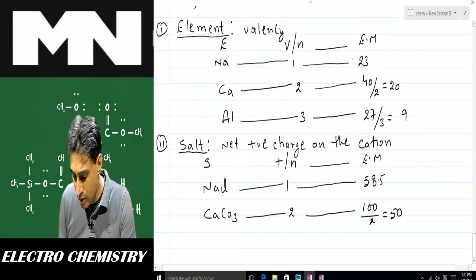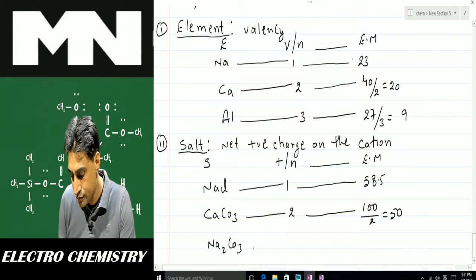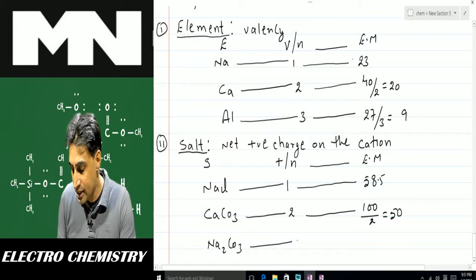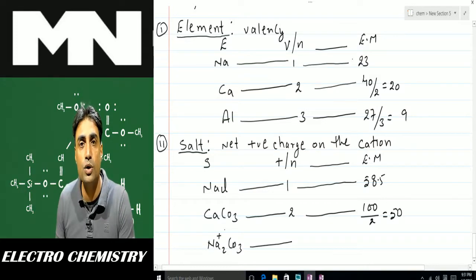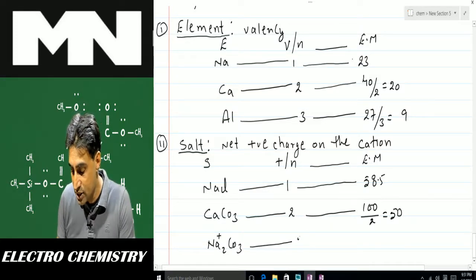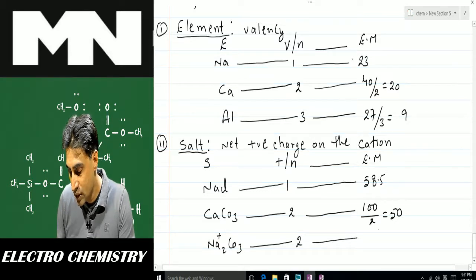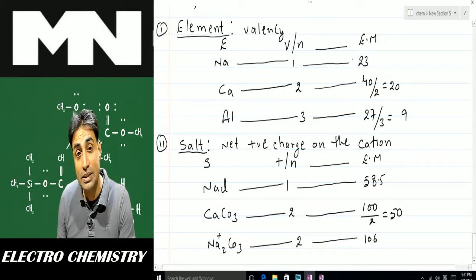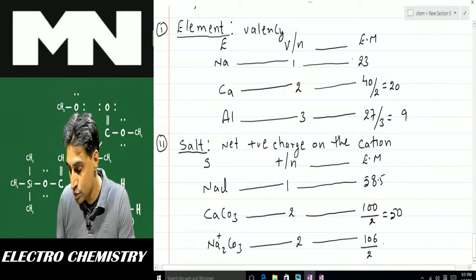Likewise, if I talk about sodium bicarbonate, here see the positive charge on sodium is 1, but we have got 2 sodium atoms. That's why we can say the net positive charge is 2. Its molar mass is 106, its valency is 2, so its equivalent mass comes out to be 53.